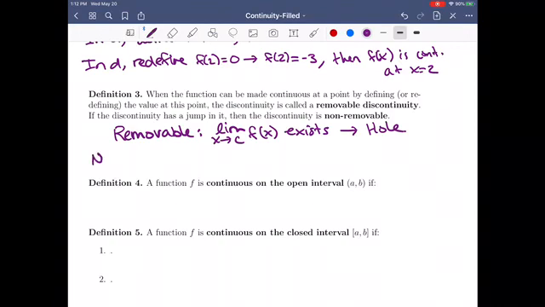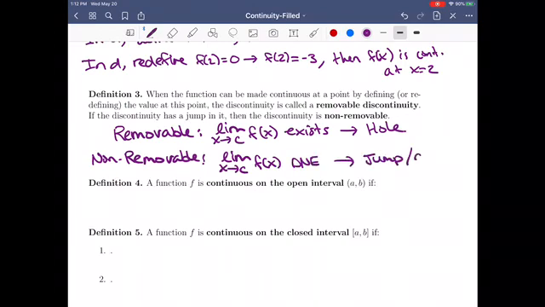If it's non-removable, these are the ones where the limit does not exist, so they usually have a jump or an asymptote. So there's two types of discontinuity.